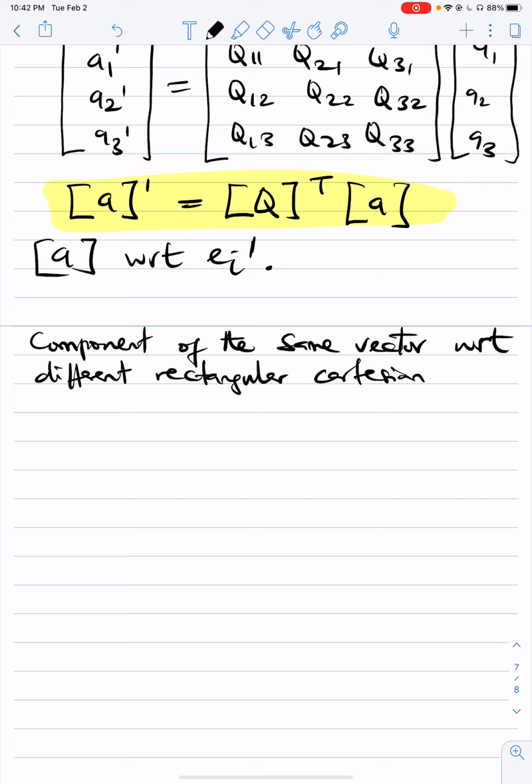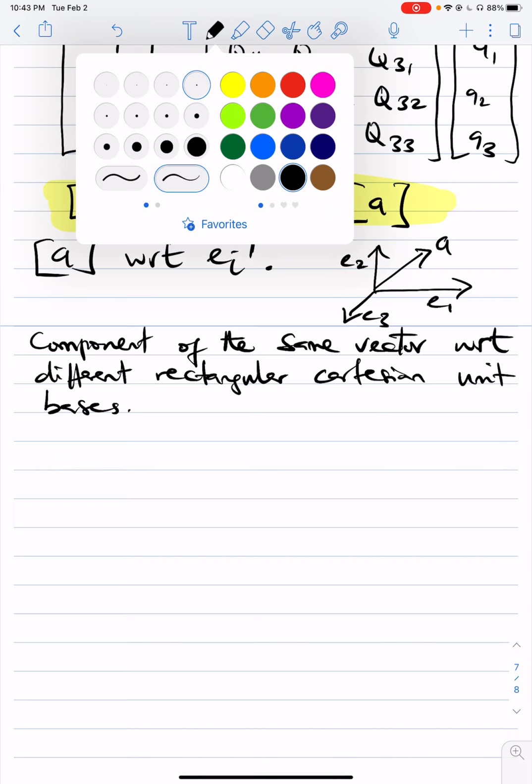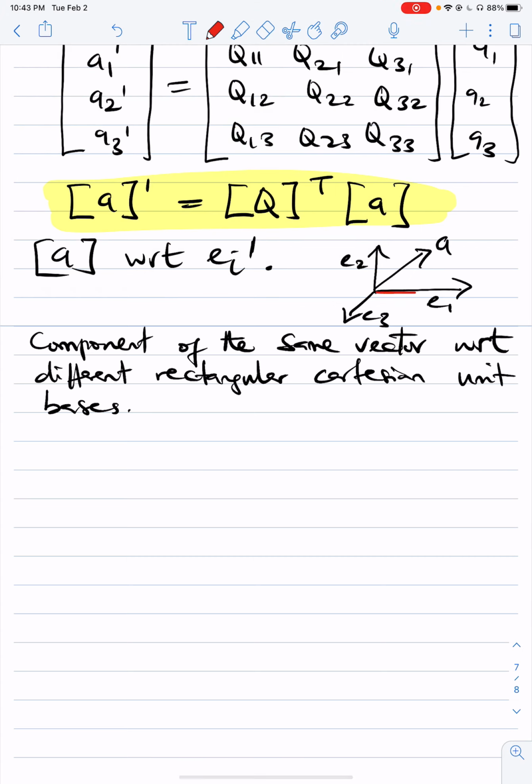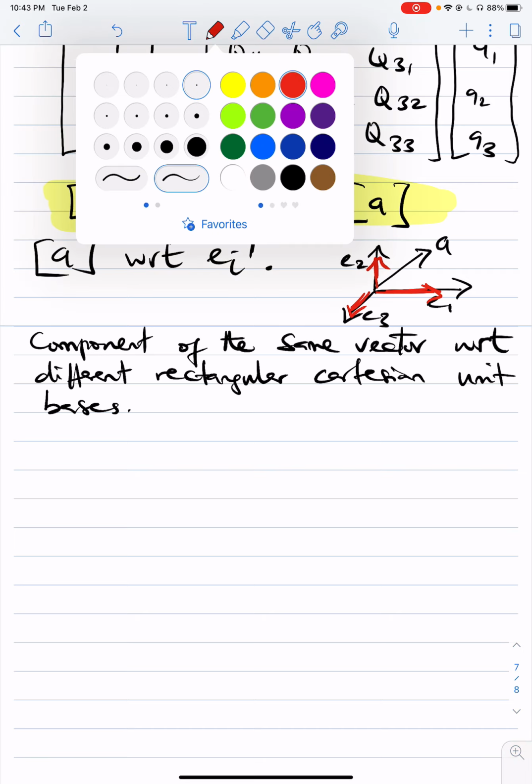Let's say for instance this is a vector A, with unit vectors E1, E2, E3. You can express the components of A with respect to E1, with respect to E2, and with respect to E3, right?